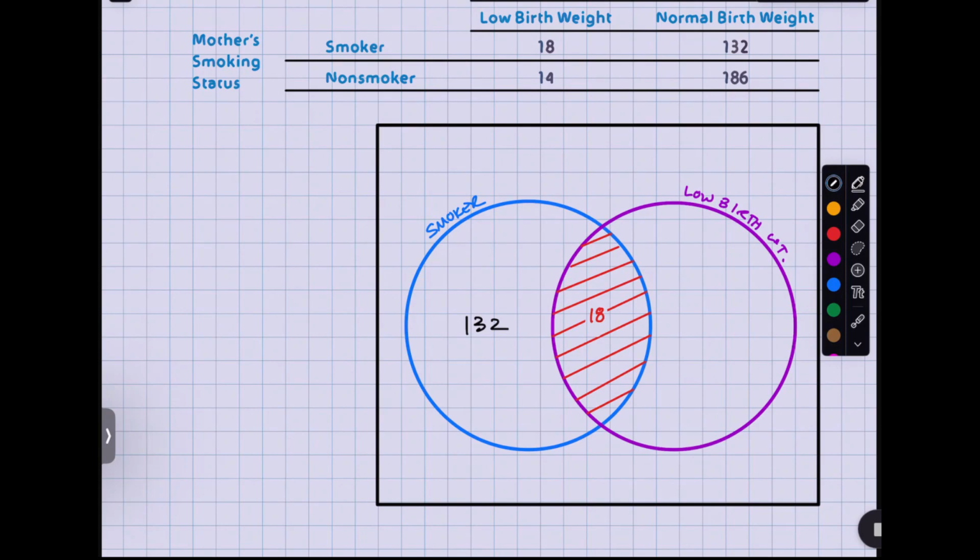Why wouldn't the purple circle represent non-smokers? Because you don't have anything in common. I agree with you. I understand. That would be my first instinct, going smoker, non-smoker. The problem is that there's nothing in common.